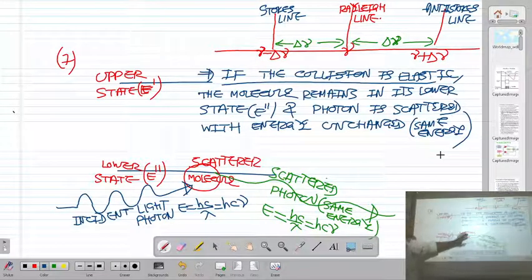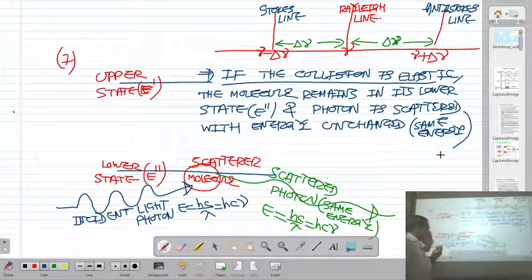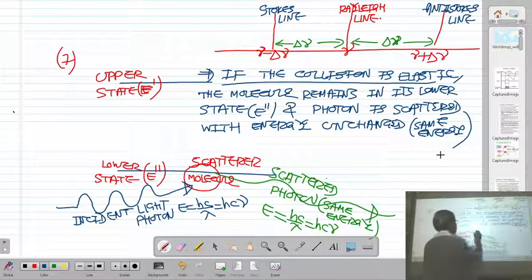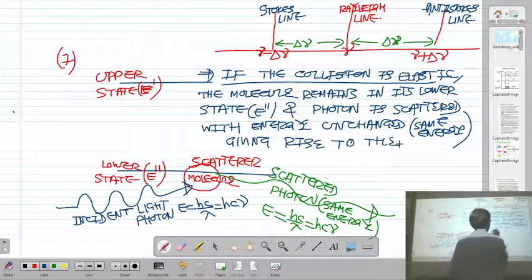And after collision occurred with the scattered molecule, the photon is scattered with the same energy. So the energy of the incident photon is hc/λ or hν, and energy of the scattered photon is also hc/λ or hν. So photon is scattered with energy unchanged, or photon is scattered with same energy, and it gives rise to the Rayleigh light.